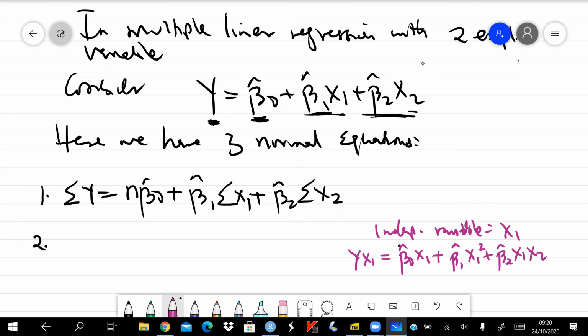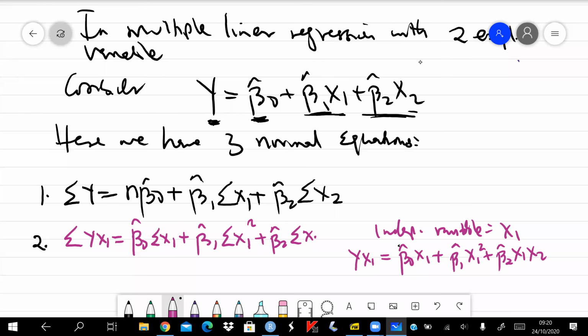Then you sum, and you end up with summation of y x1 is equal to beta naught summation of x1 plus beta 1 summation of x1 squared plus beta 2 summation of x1 x2. That is your second normal equation.